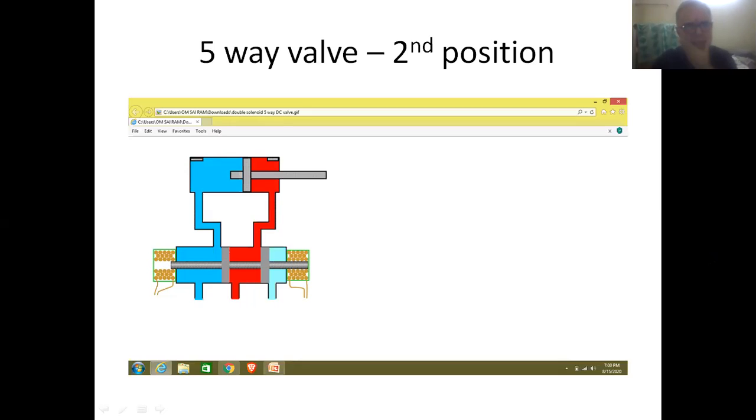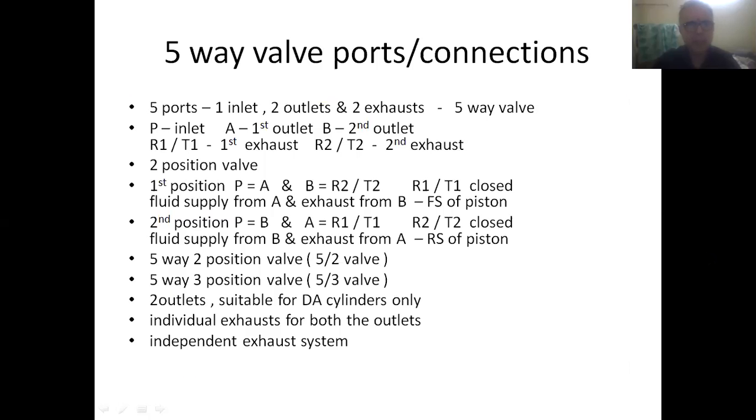So friends, this is about the construction and working of a five-way DC valve. We can see the entire information pertaining to this five-way DC valve, consisting of one inlet, two outlets, and two exhausts.